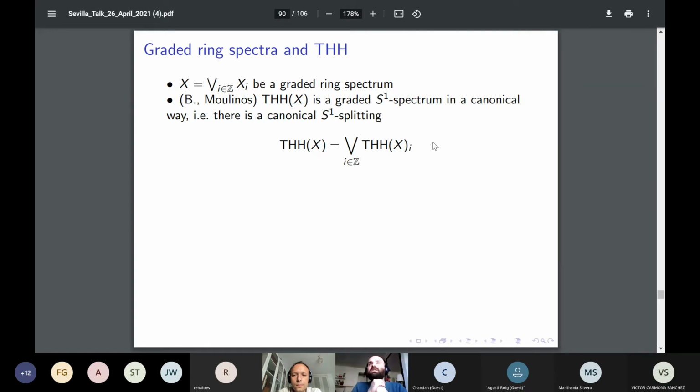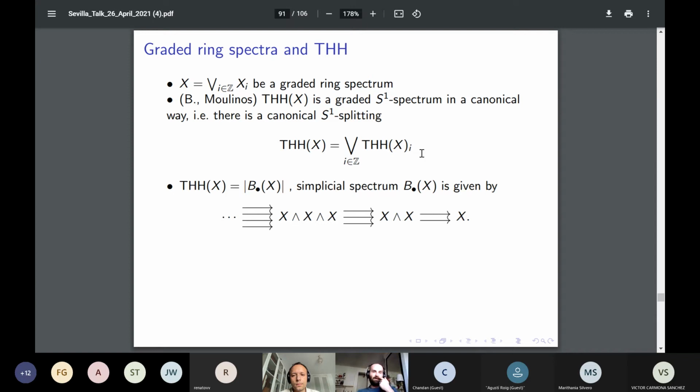This is a generalization of some of the ideas used by Hesselholt and Madsen for computation of the algebraic K-theory groups of truncated polynomial algebras, where they were using similar ideas for basically classical rings. To compute THH of classical rings, we generalized to graded ring spectra. We show, with Tasos Moulinos, that THH splits for graded ring spectra.